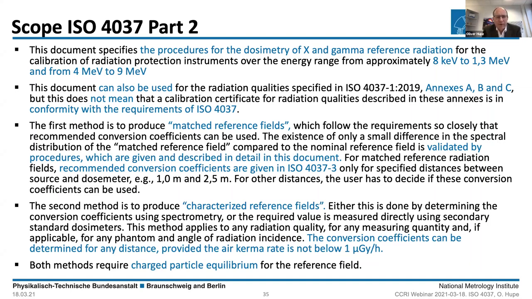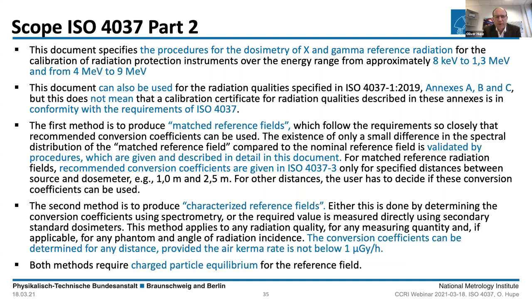For the reference field, the existence of only a small difference in the spectral distribution of the matched reference field compared to the nominal reference field is validated by procedures which are given and described in detail in this document. For matched reference radiation fields, recommended conversion coefficients are given in part 3, and only for specified distances between source and dosimeters.